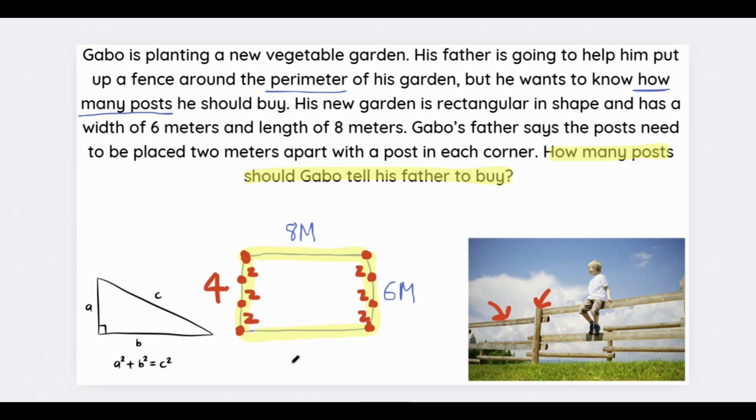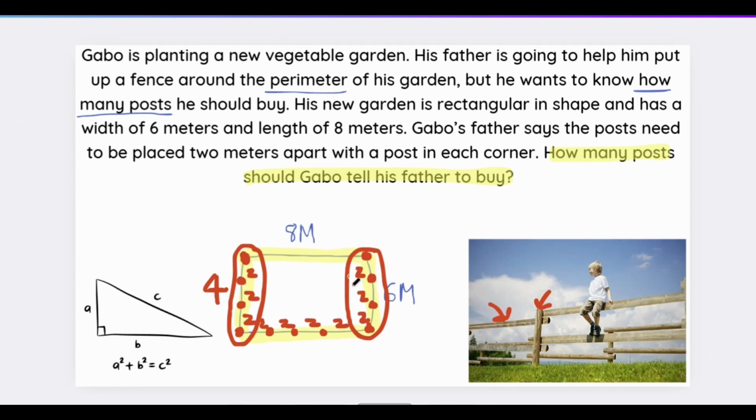So we need a post here. We need a post here. That's 2 meters, 2 meters. That's a post here, it's 2 meters. Post here, 2 meters, 2 meters. And we're done. Now we've already added this corner post here, so we need 4 posts, 4 posts, and 4 posts.